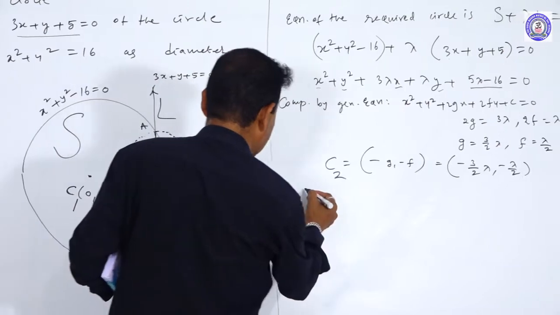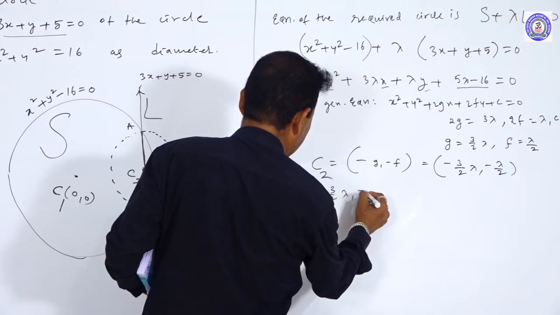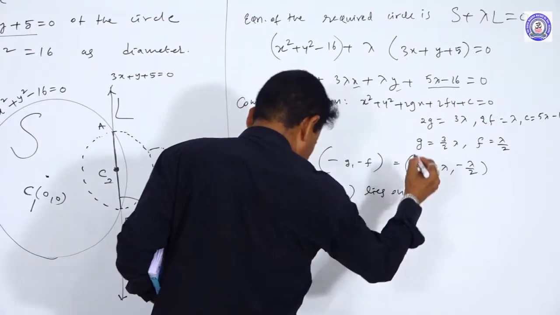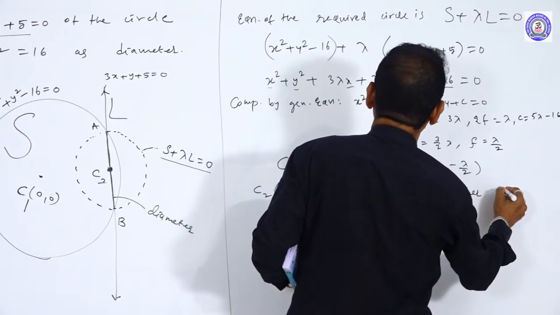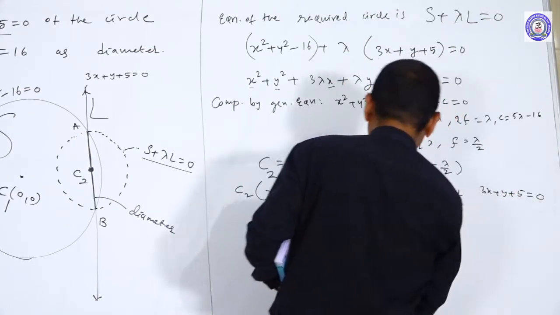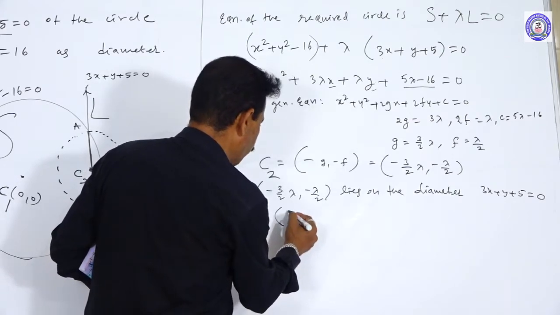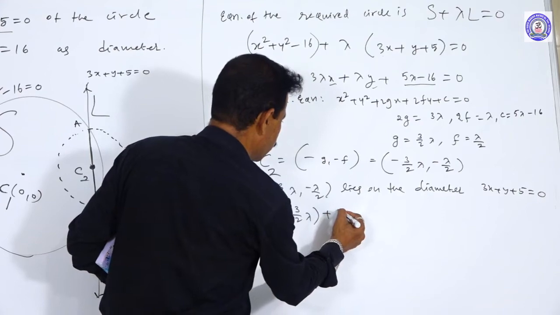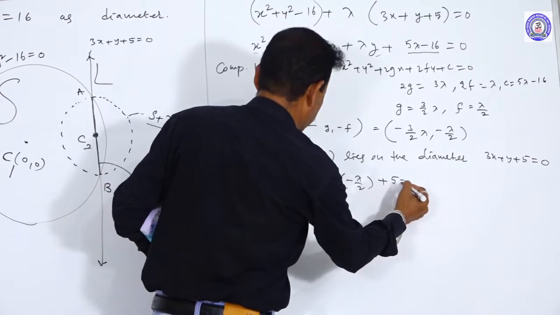So C2, minus 3 by 2 lambda, minus lambda by 2, lies on the diameter 3x plus y plus 5 is equal to 0. We substitute the point in that equation: 3 into minus 3 by 2 lambda plus minus lambda by 2 is the y plus 5 is equal to 0.